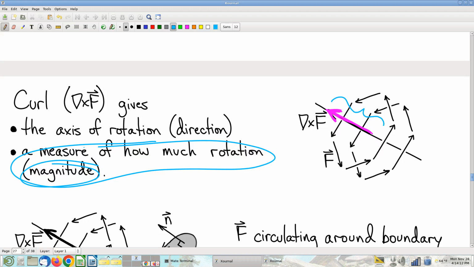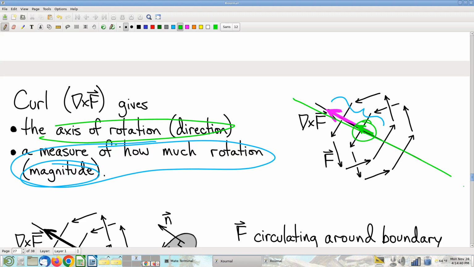Shorter curl vector means there's a gentle rotation of the fluid. The direction, so whatever unit vector you might say, points in the direction of that curl, defines the axis that rotation is happening around. So in this case, as I have it drawn there, it defines that axis.